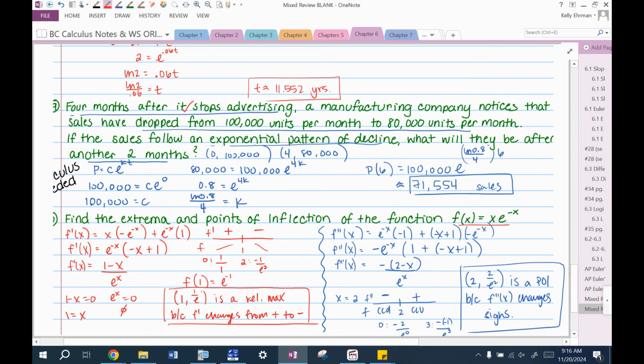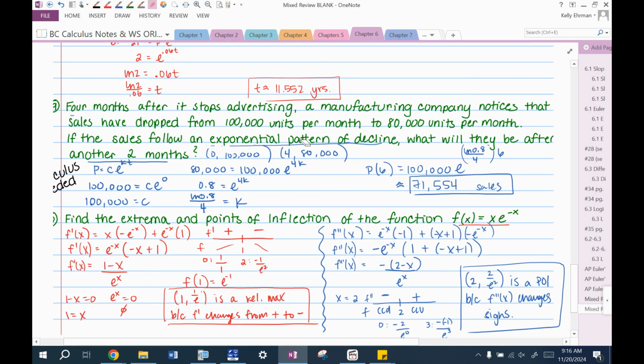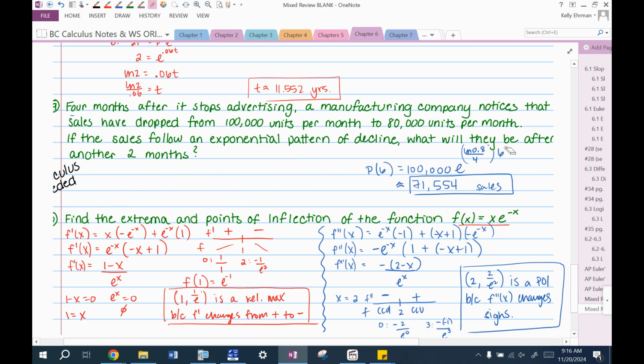All right, let's look at this one. So how much of this pre-calc type stuff are we probably going to have on our AP exam? Maybe problems like this where they give you 2 data points and then you have to come up with the exponential function.